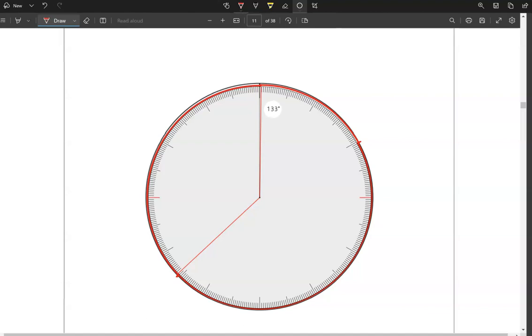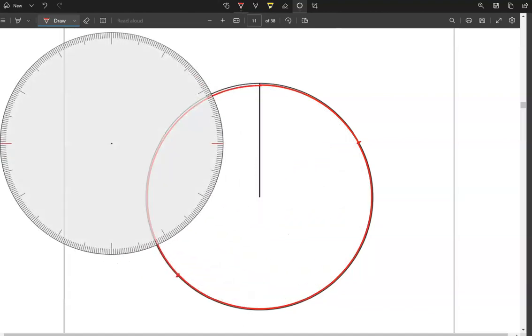So something around that. We're going to give this just 1 degree less, and this one as well.